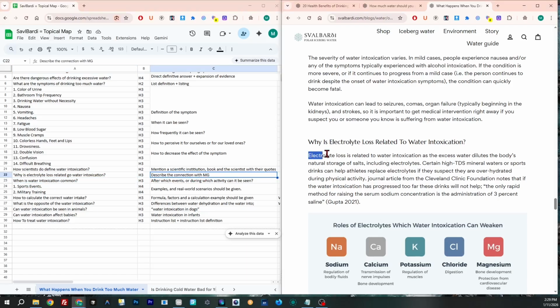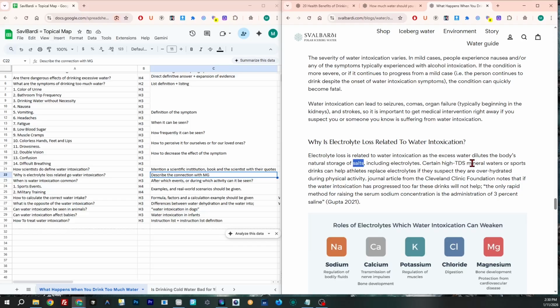Let's read. Electrolyte loss is related to water intoxication as the excess water dilutes the body's natural storage of salt, including electrolytes. Here we use the word salt with the word electrolytes. In another article, you also remember we used the word salt with electrolyte.